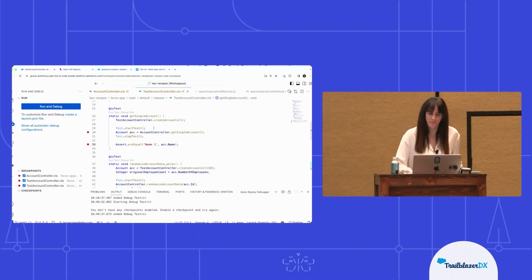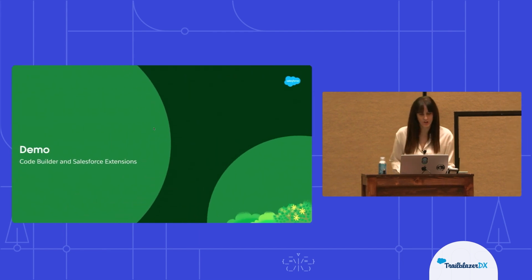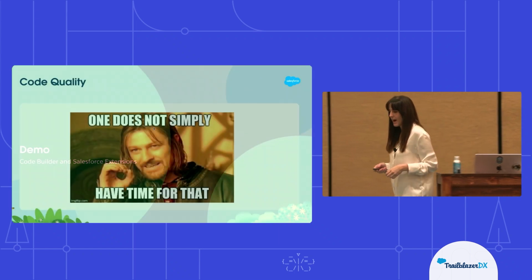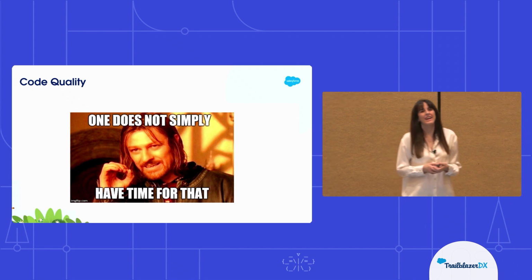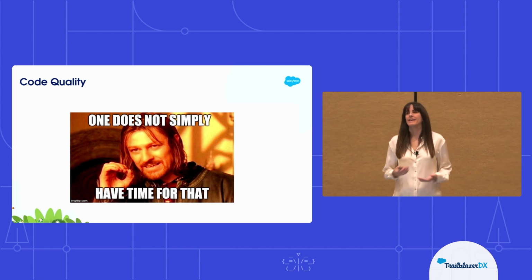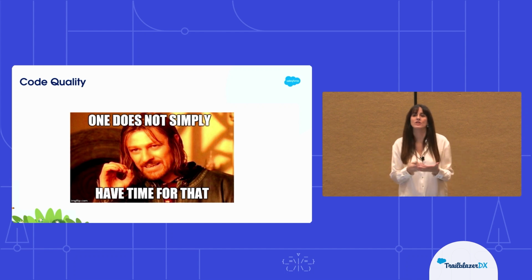Okay, so let's go back to the slides and continue talking about something that I love, which is code quality. I know that many companies think that investing in code quality is a loss of time and resources.